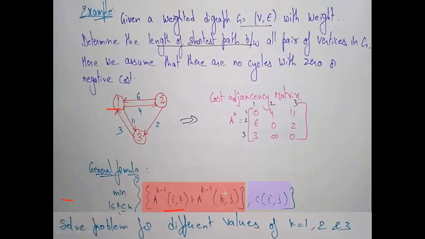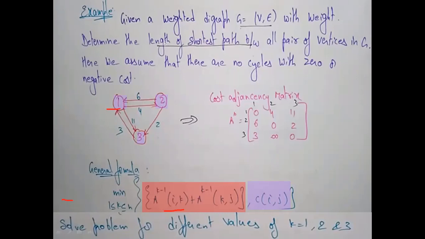From these two sets, you have to find the minimum value. Which one is minimum? Every time the k value should be increased, depending on the number of nodes, 1, 2, 3 nodes. So k equal to 1, find the minimum value.